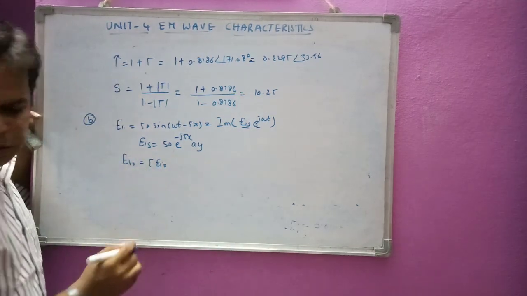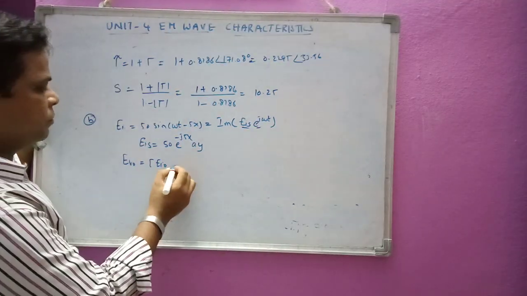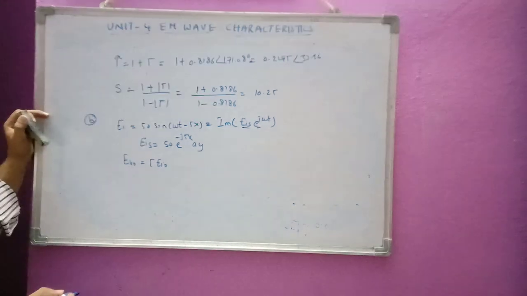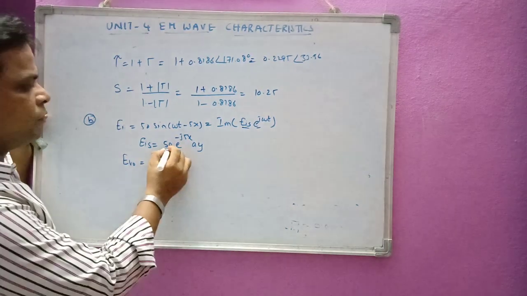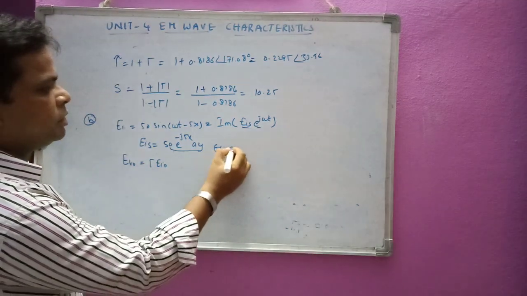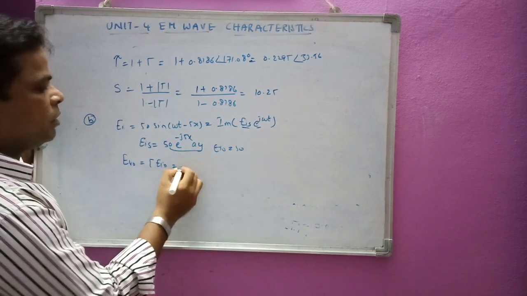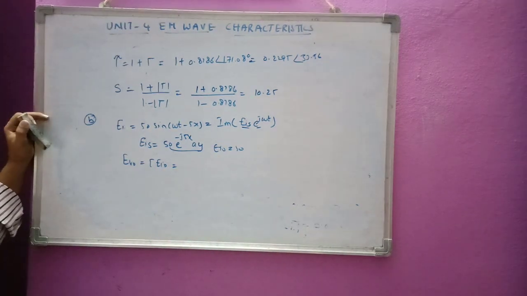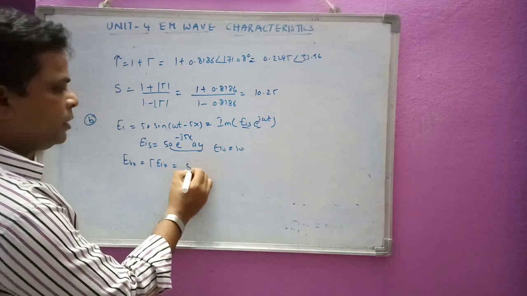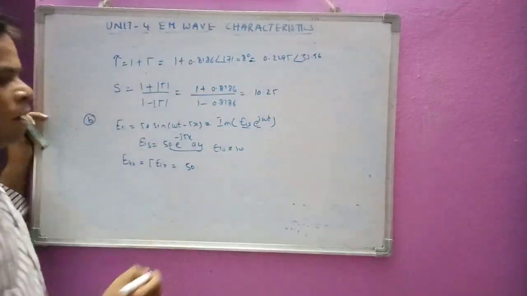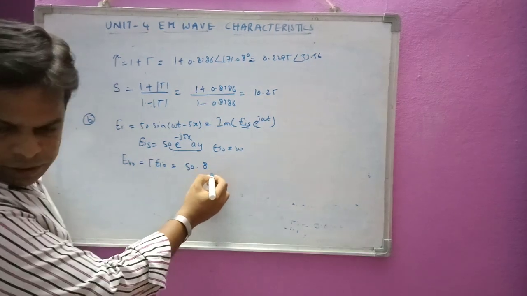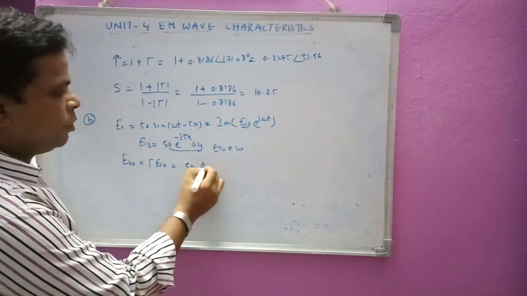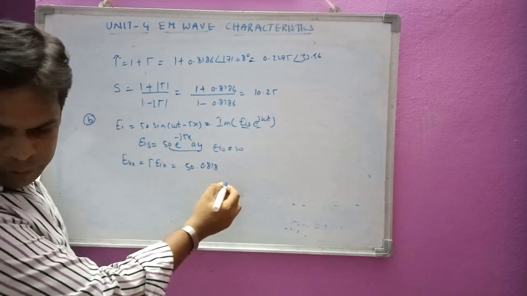So already we know this one, okay, that is EI0. EI0 he has given this one, 50. Okay, EI0 is 50. Gamma we have already calculated, that is 50 into gamma, by keeping that value in, 0.8186.